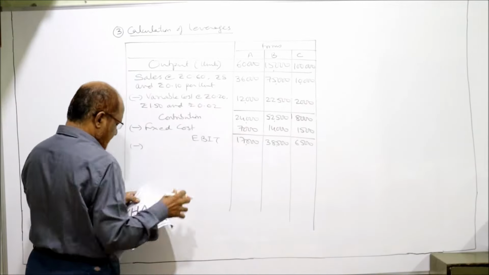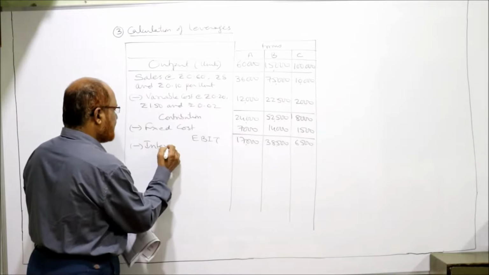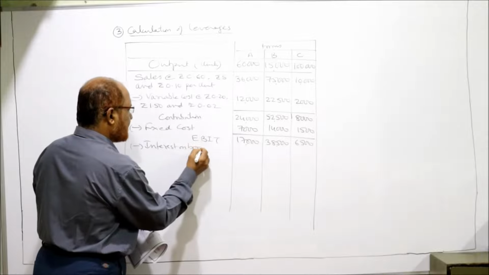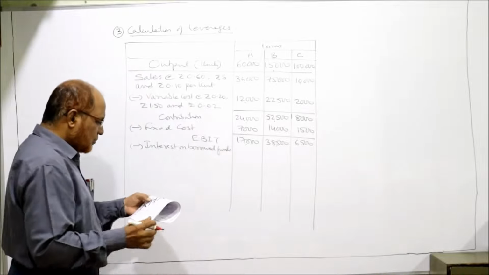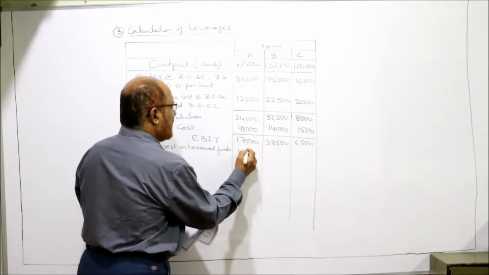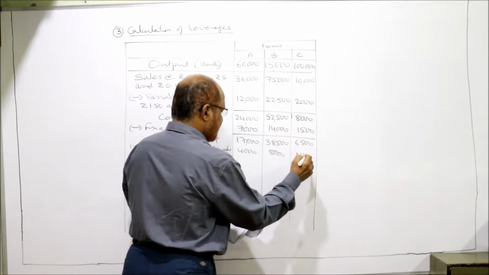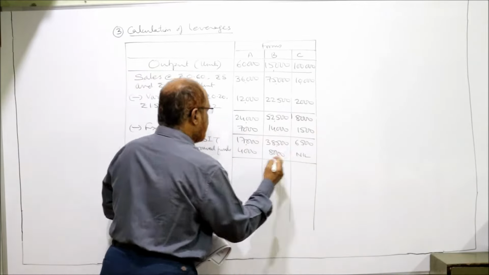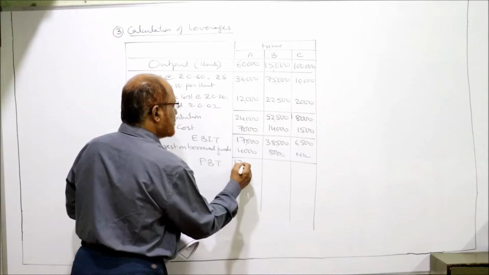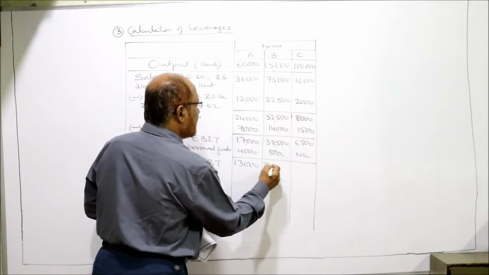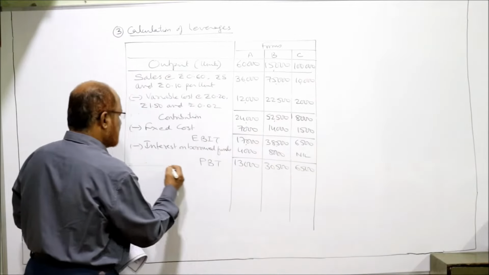EBIT, less interest on borrowed capital: A 4,000, B 8,000, C nil. PBT, profit before tax: 13,000, here 30,500, here 6,500. That's it.